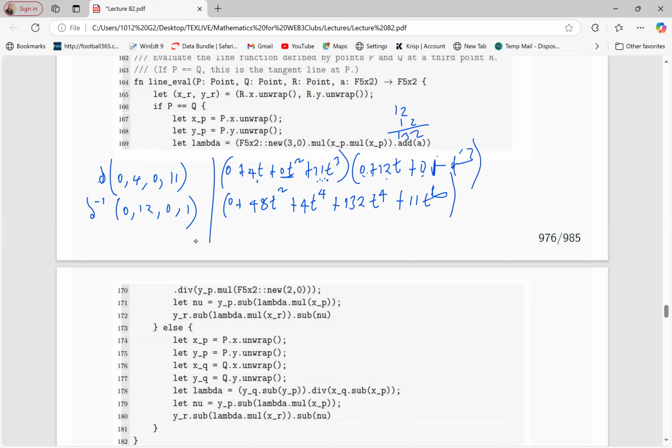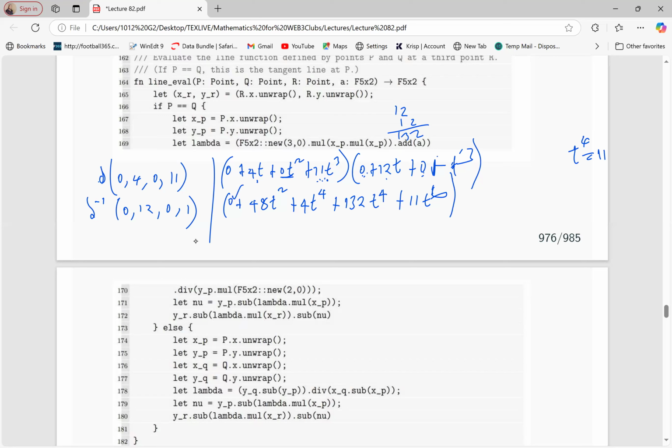Then we just reduce. We remember our polynomial: t raised to 4 will be giving us 11. And any coefficient that is more than 13 we will reduce.